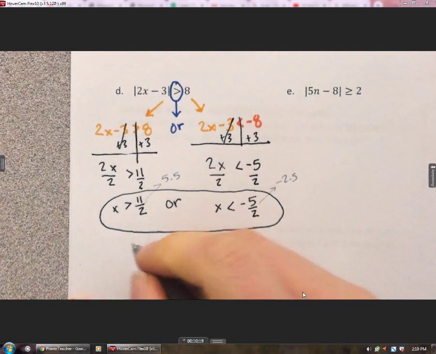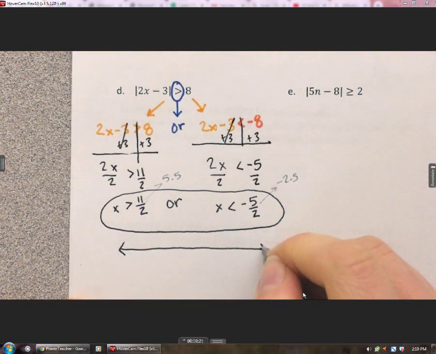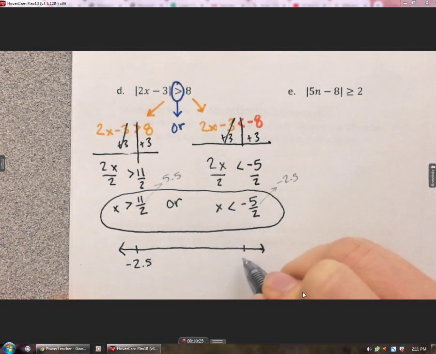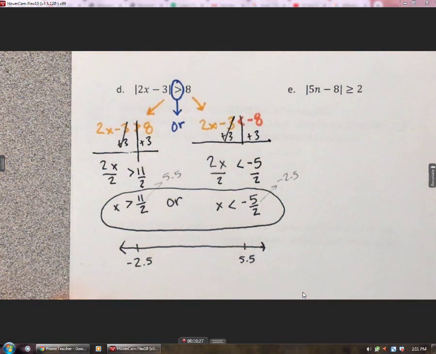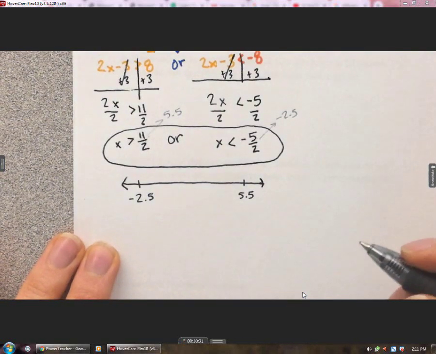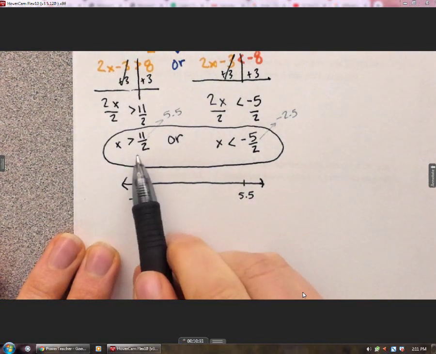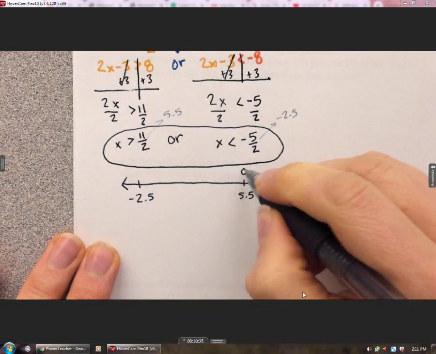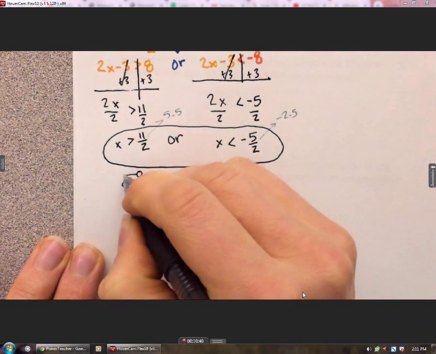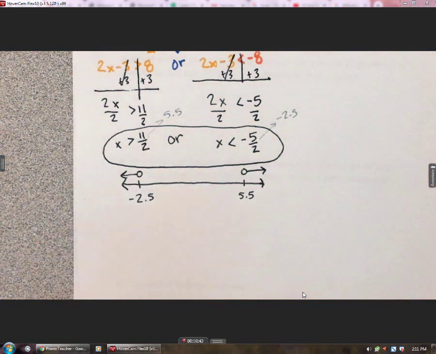So if I graphed this, here's negative 2.5, here's 5.5. I want all the numbers bigger than 5.5 and all the numbers less than negative 2.5, just like that.